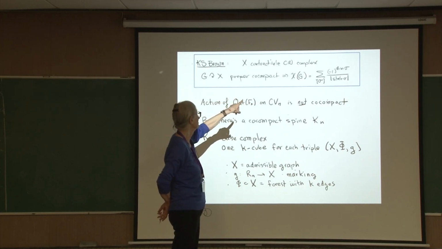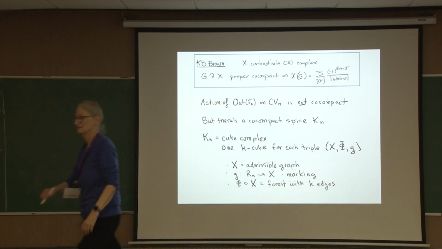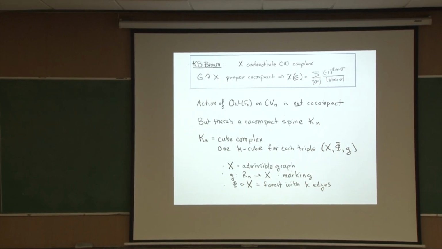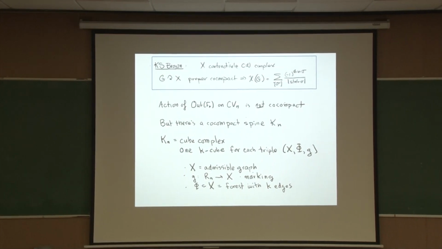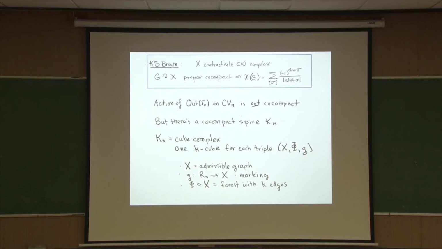Then the Euler characteristic of G can be computed as the sum over orbits of cells. You take (-1) to the dimension of the cell, as you would expect, but you have to divide by the order of the stabilizer of the cell.